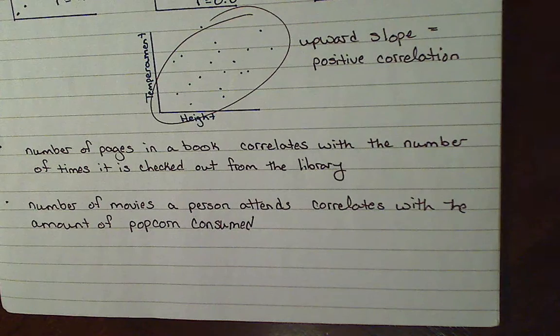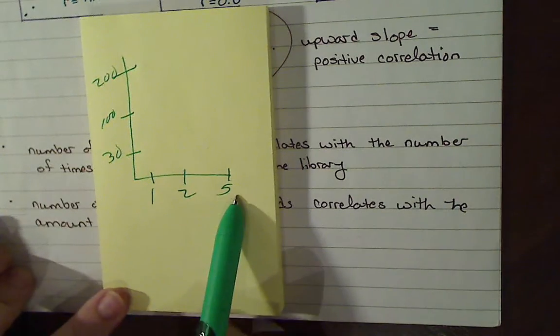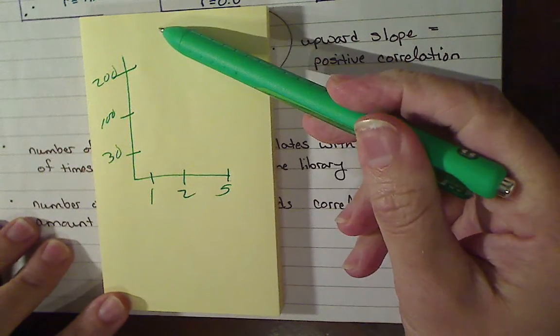If we're looking at the number of pages in a book, and that's correlating with the number of times it's checked out from the library. I'm just randomly making up a graph over here. The number of times a book is checked out from the library versus the number of pages it has.